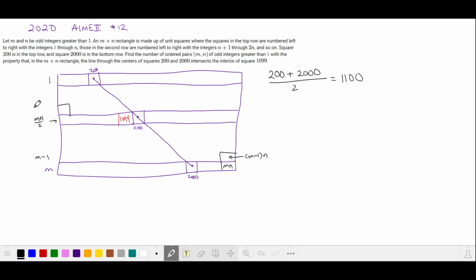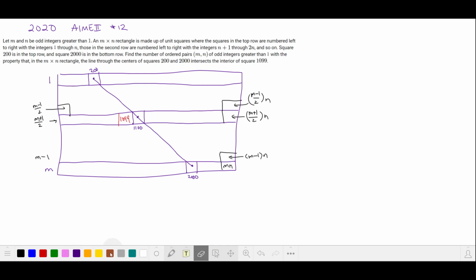The row above that is m-1 over 2. And the value in this square is m plus 1 over 2 times n, the number of columns. And the value in this square is m minus 1 over 2 times n.